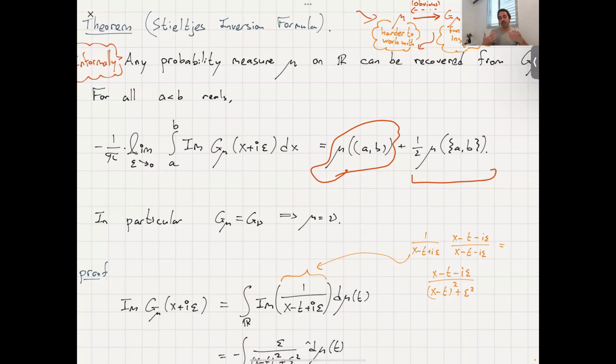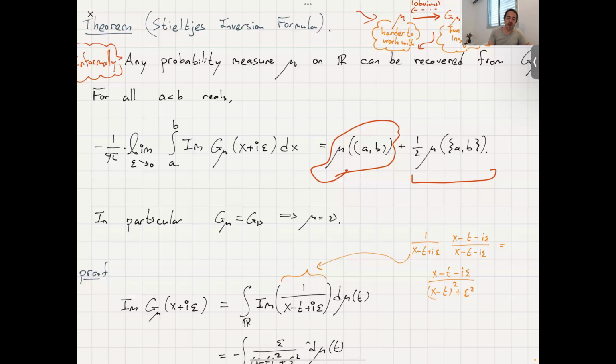Because open intervals are a generating set for the Borel sigma algebra, knowing the measure on open intervals determines the measure on any measurable set. In general, you usually also work with closed intervals or finite unions of those and so forth.